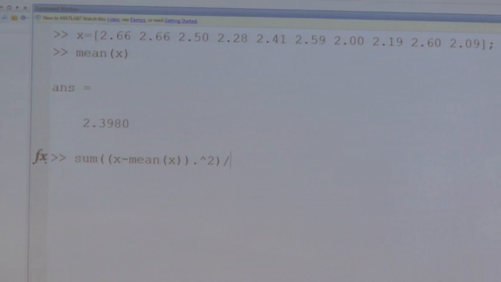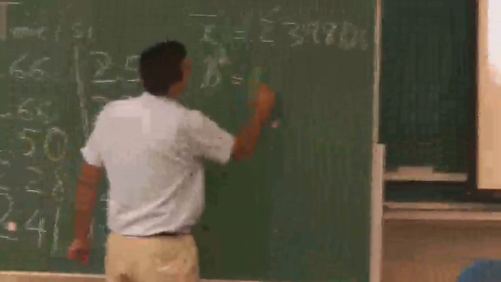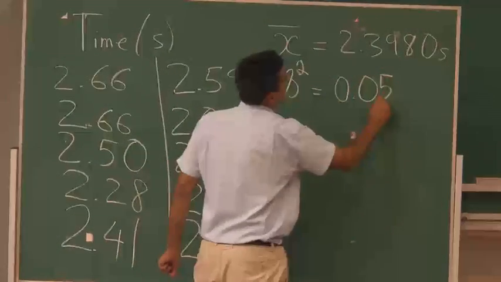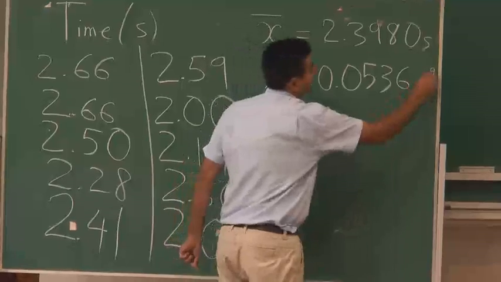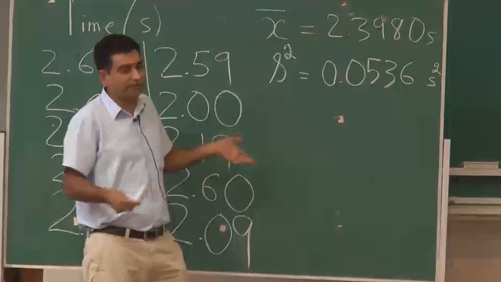And then I divide by the total number of readings, which is 10. 0.0536. So this is the square of the standard deviation. S squared is 0.0536 second squared, right? Because it's a square.